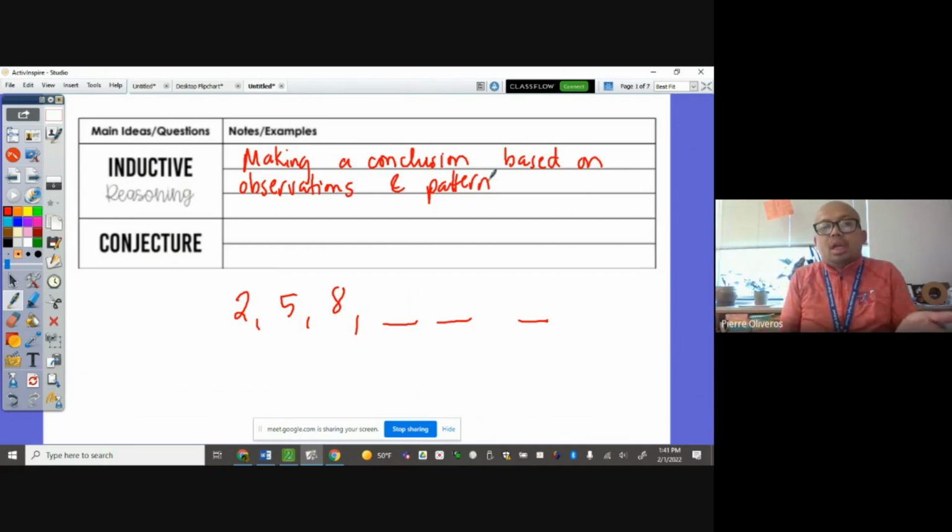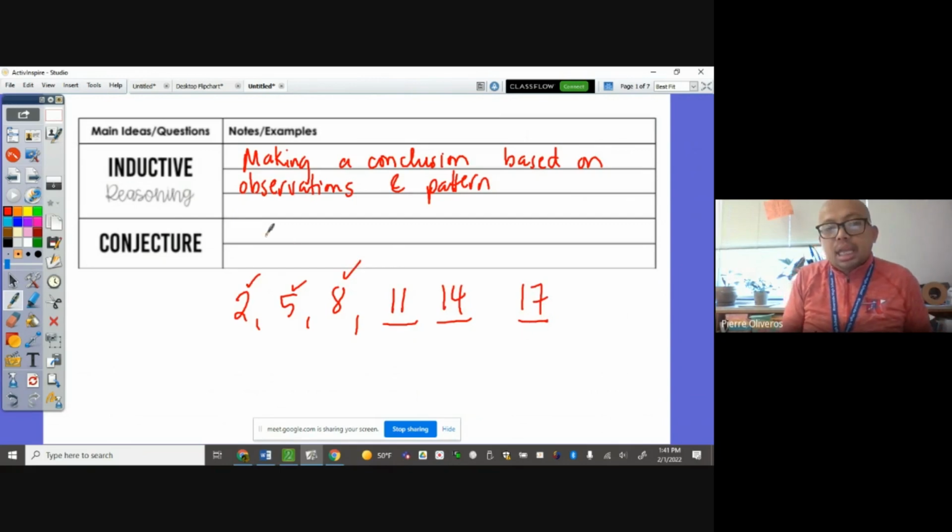Before we come up with the conclusion, we observe the given 2, 5, 8 and find the pattern. The pattern is we're adding 3, so this will be 11, 14, and 17. Therefore our hypothesis or conclusion is that we're adding 3 each time, and that is our conjecture. That is our concluding statement.